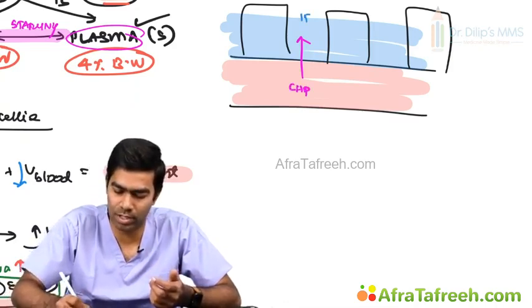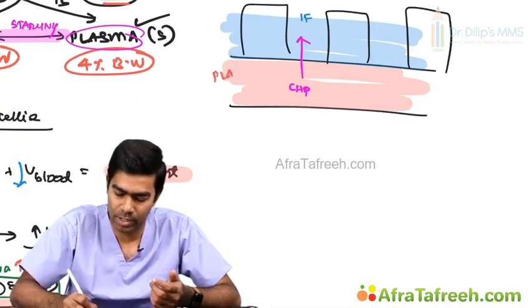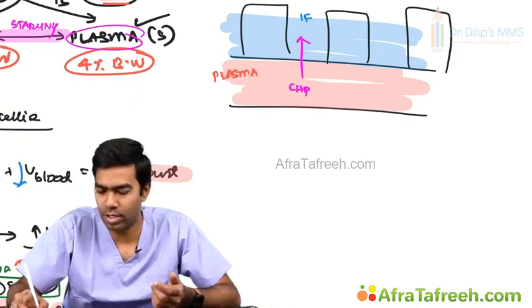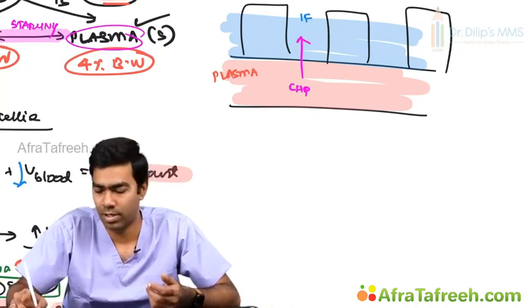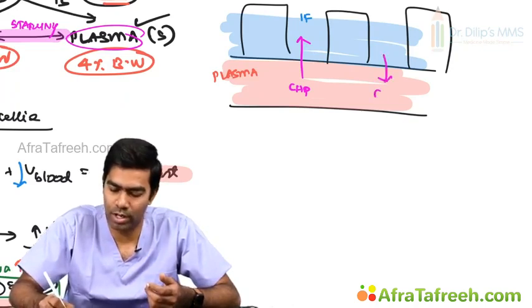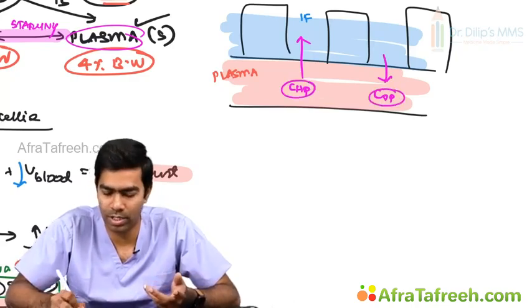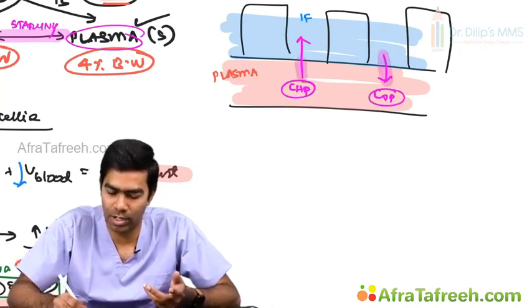Whereas your colloidal oncotic pressure, these are the two important Starling forces, is the one trying to take this fluid back into the plasma from the interstitial fluid compartment. So always there is a balance between these two forces.